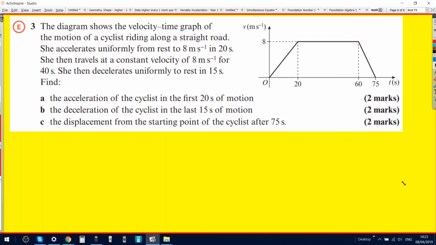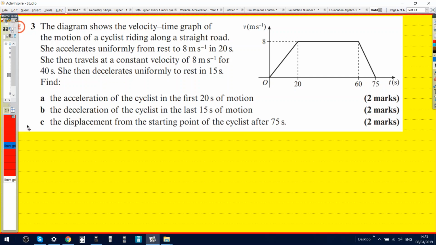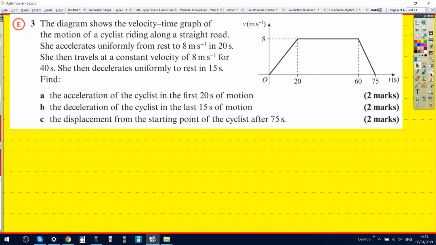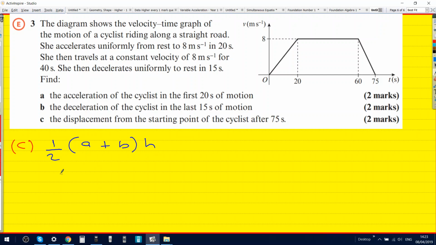After 75 seconds. So we find the area underneath. So half 20. Unless we do it with the trapezium. Half (A plus B) H. So that's a half. What is A? What is B? I think both 8. No. They're the two parallel sides. 75 and 40.